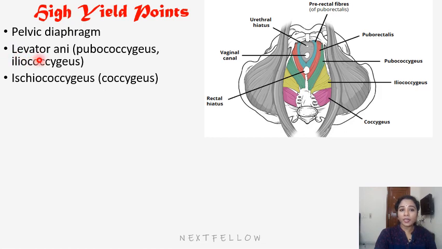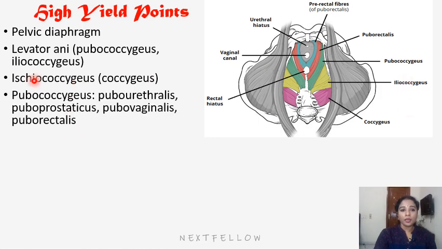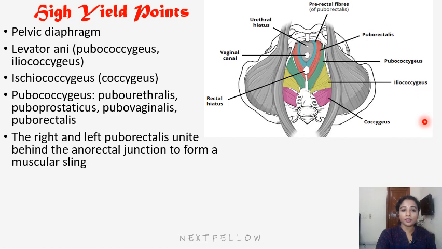And these are the parts of levator ani. Coccygeus is otherwise called ischio-coccygeus muscle. And pubococcygeus, which is a part of levator ani, is further divided into pubourethralis, puboprostaticus in males, pubovaginalis in females, and puborectalis.